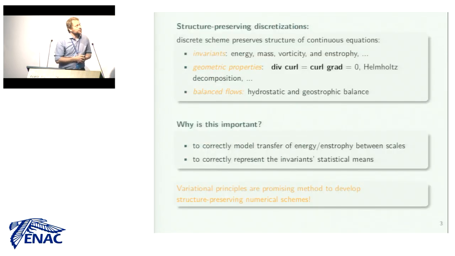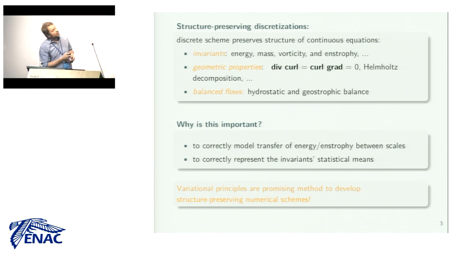What is a structure-preserving discretization and why do we need it? When we talk about a structure-preserving discretization, we have discretizations that share important structure of the continuous equation. For instance, invariants, so we want that energy, mass, vorticity, and entropy, or the circulation theorem in general, is conserved.